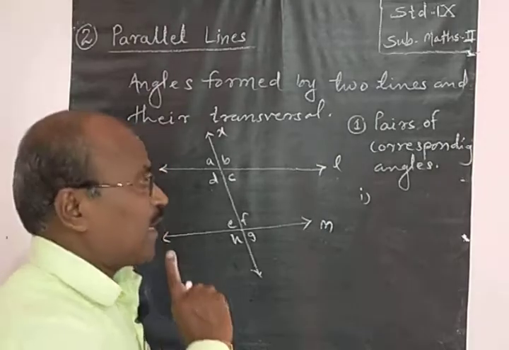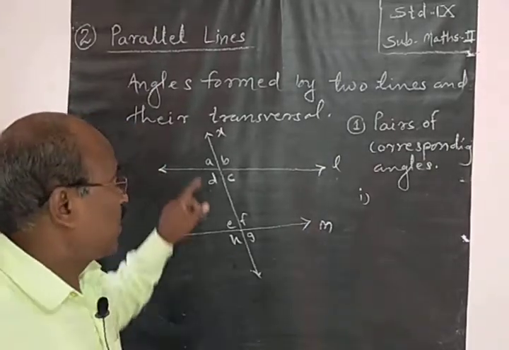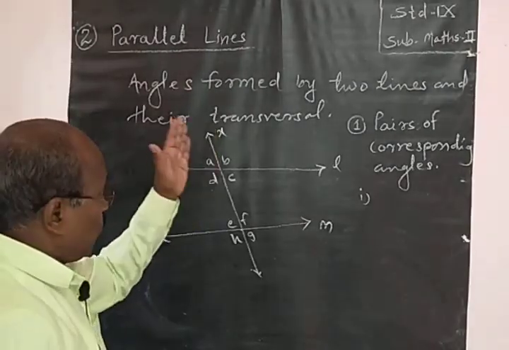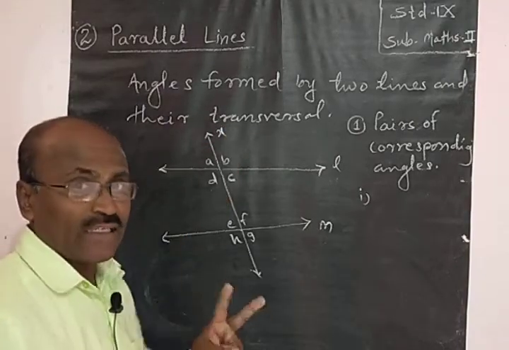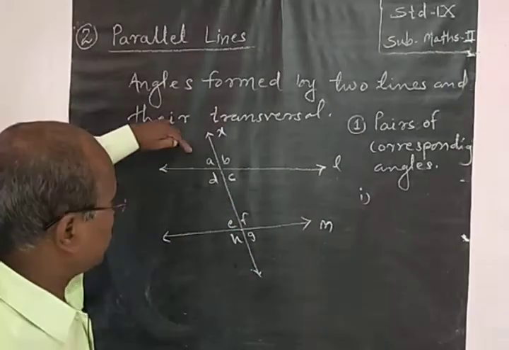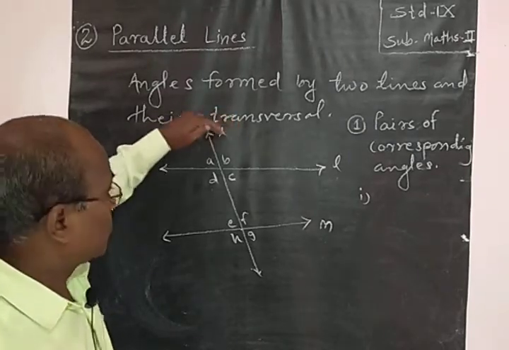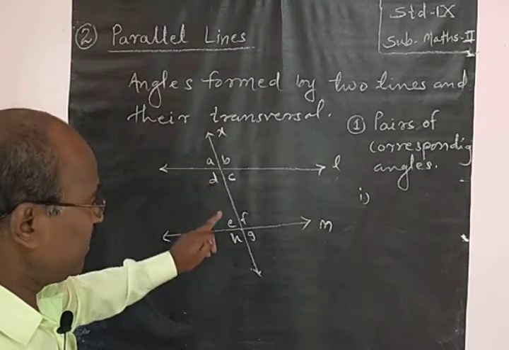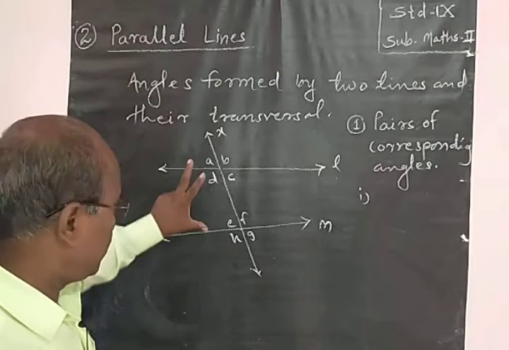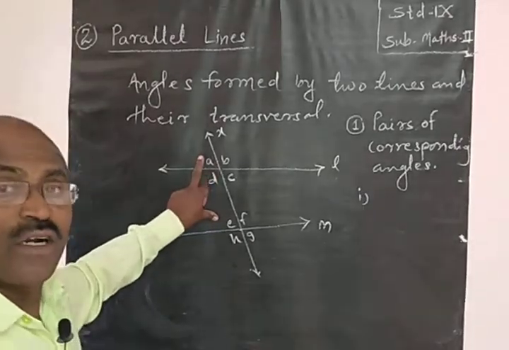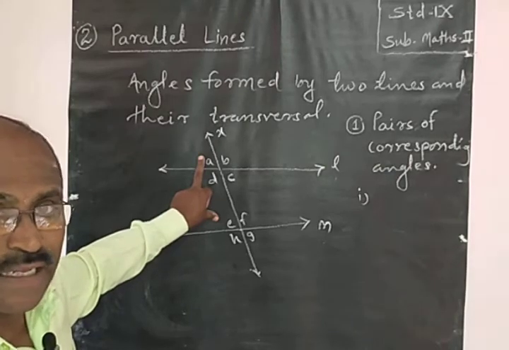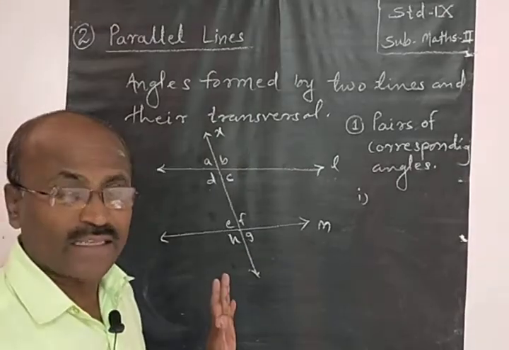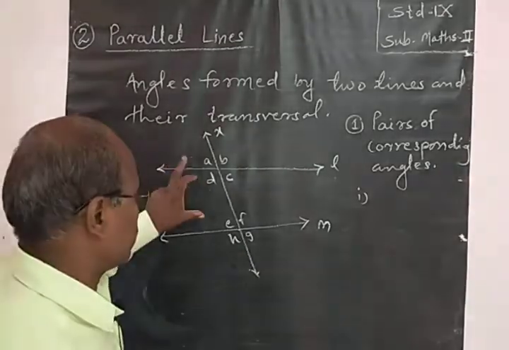Now here X is the transversal. The transversal line X has two sides, this left side and this right side. On the left side, four angles are there, A, D, E, H. These four angles form two pairs of corresponding angles, and on this side also two pairs of corresponding angles are there.